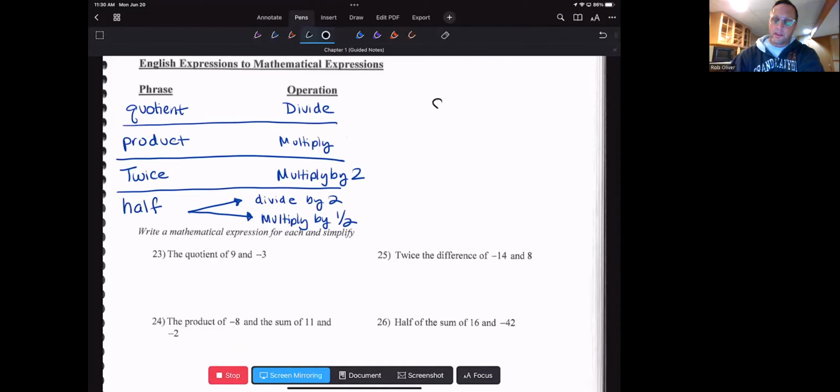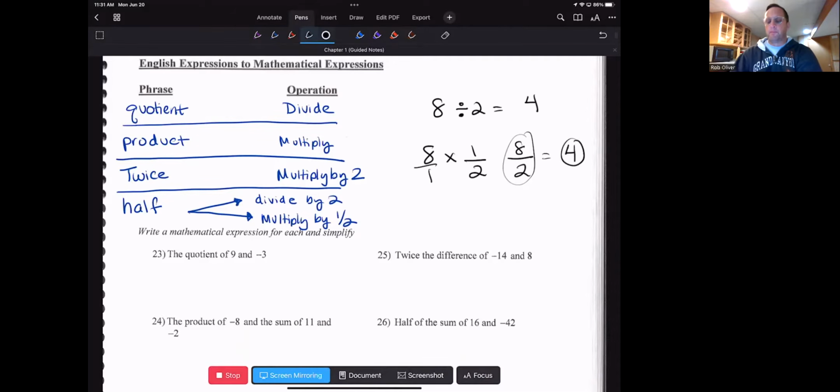Do something easy: 8 divided by 2 is 4, right? And since division by 2 is the same thing as multiplying by 1/2, we can do that. 8 times 1 is 8, and 1 times 2 is 2, and then 8 divided by 2 is 4. See, it comes out the same way.